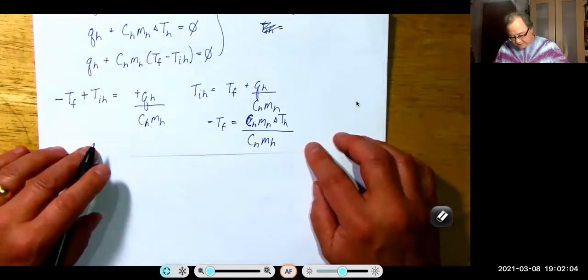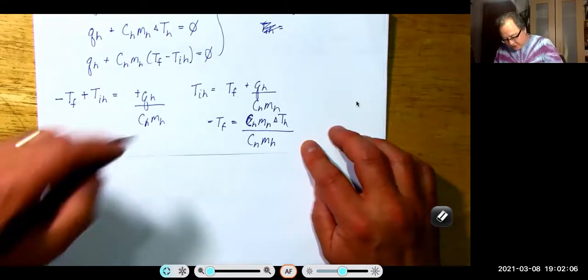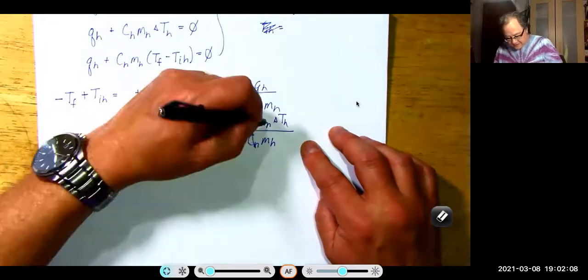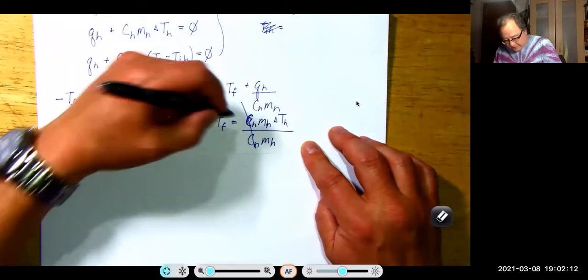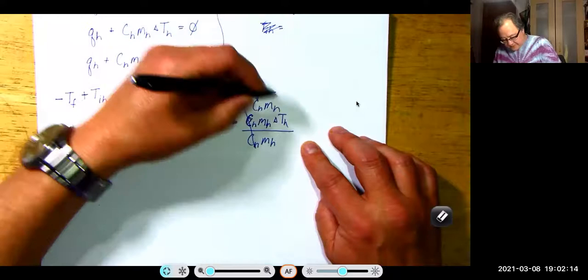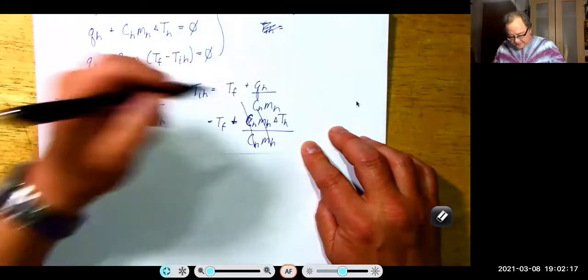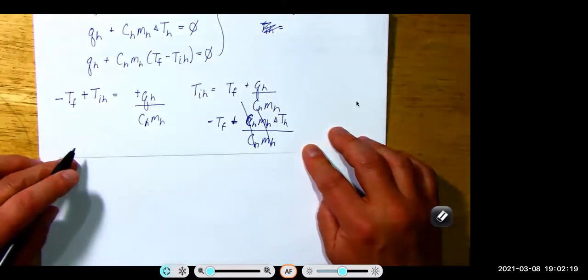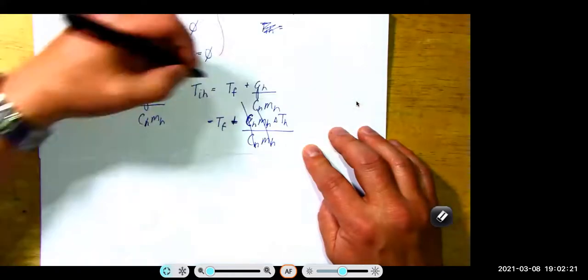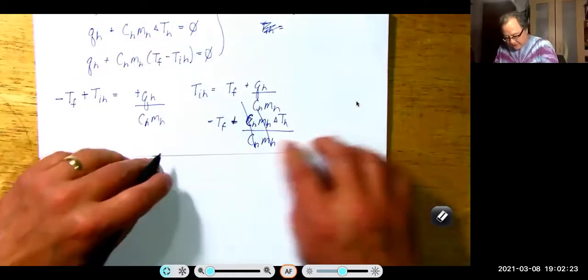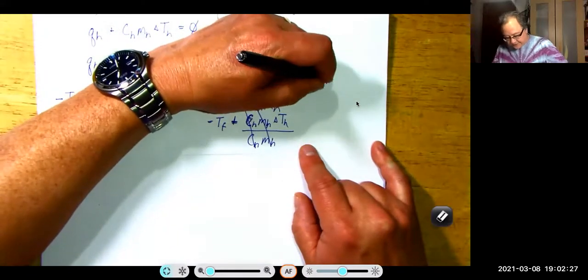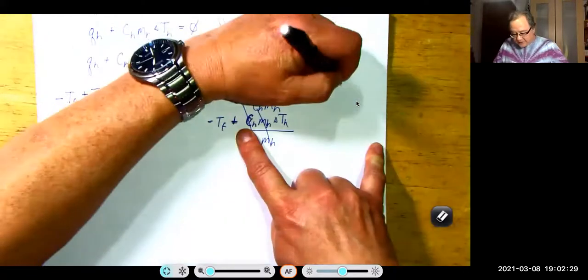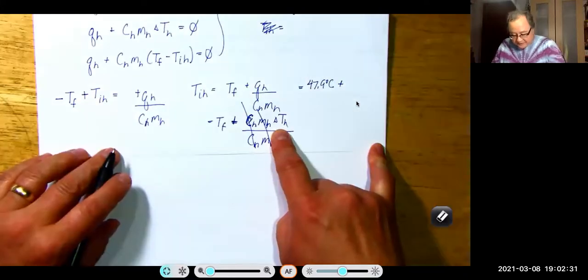Okay. Are you with me there? Yeah. And look at these. These go away. And this should be plus, right? And this goes away. Okay. Yeah. And so all we have to do is put T final, which is 47.9 degrees Celsius, plus the change in temperature of the hot.